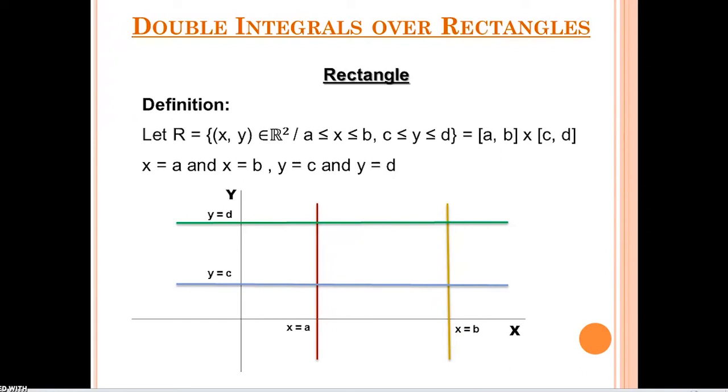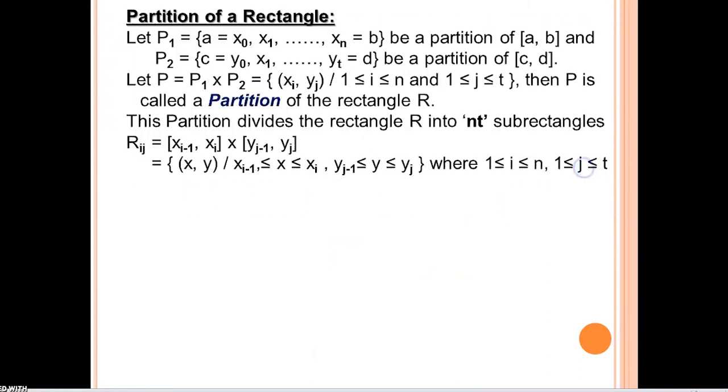In a similar way, we are going to do the same in finding the double integral over the rectangle. We have seen the rectangle R. Now we are going to partition the set [a, b] × [c, d]. Let us have the definition of the partition of this set, that is, the partition of the rectangle.